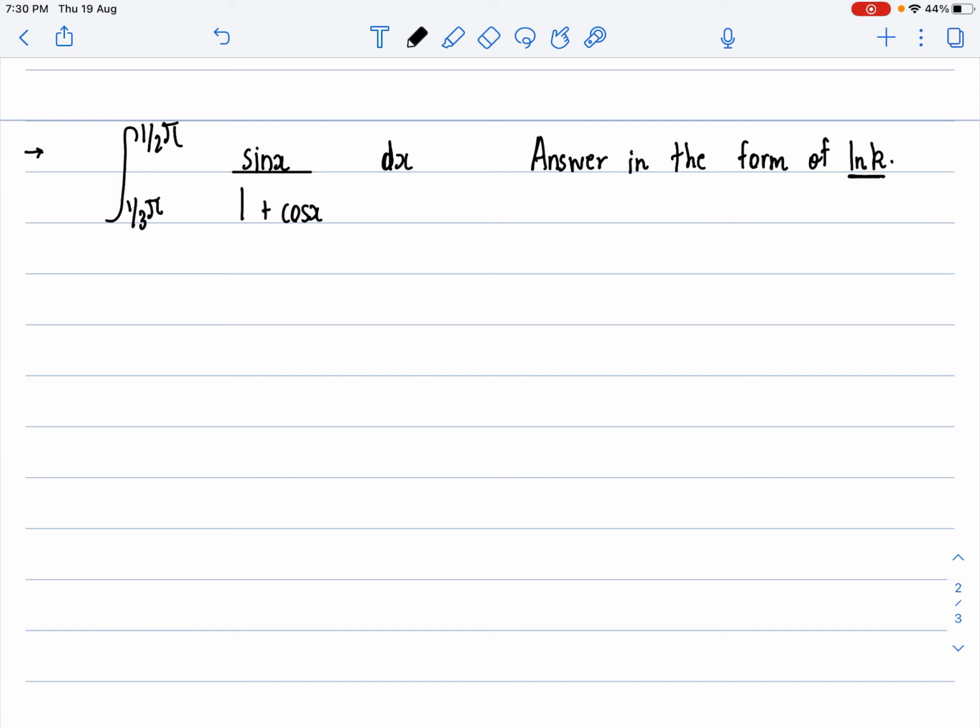So what you need to do first is, I've told you, always take your denominator as your u. Take your u as 1 plus cos x. Now you can take your du by dx as the differentiation of 1 plus cos x.